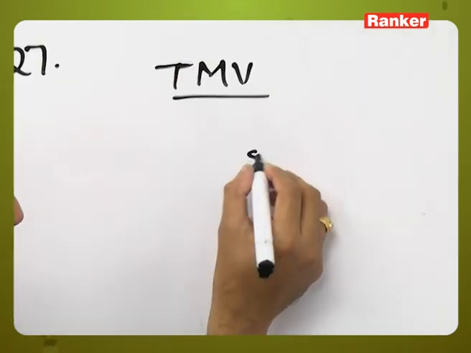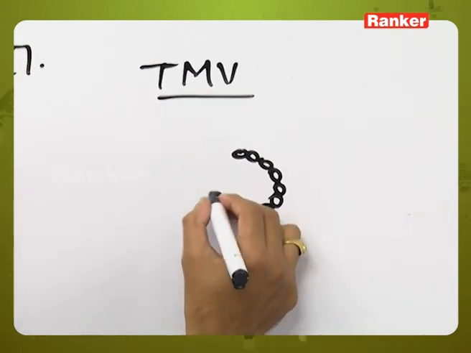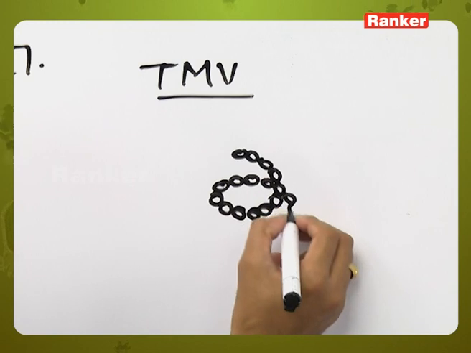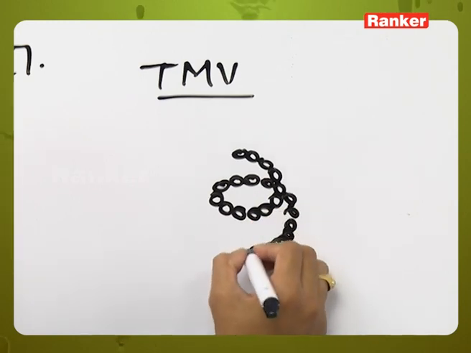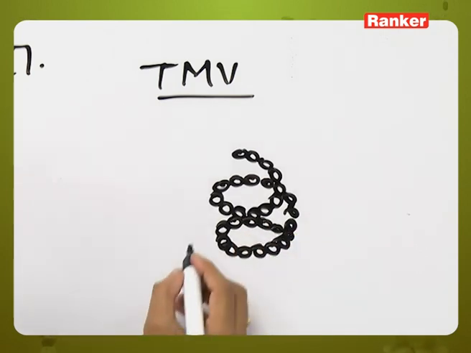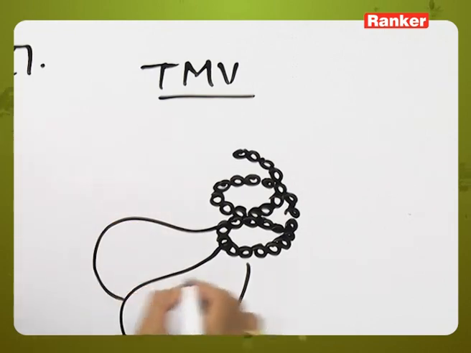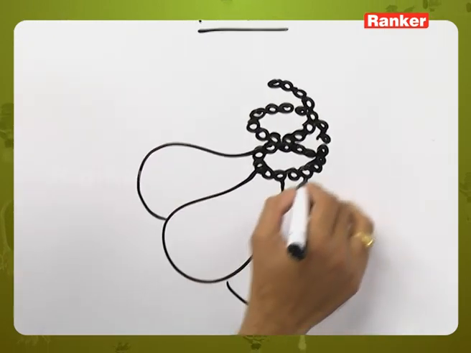This central core is made up of nucleic acid. The nucleic acid part is also in the form of a helical structure, and around this helical structure we can see the protective structure which is made up of protein subunits.